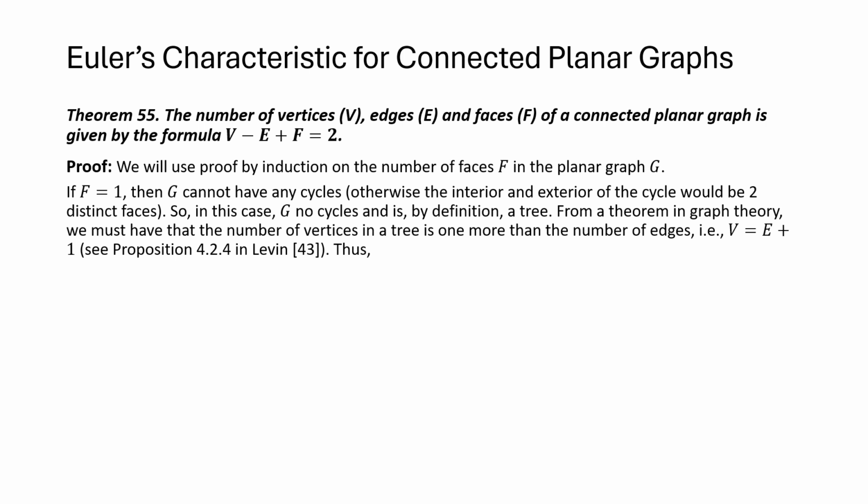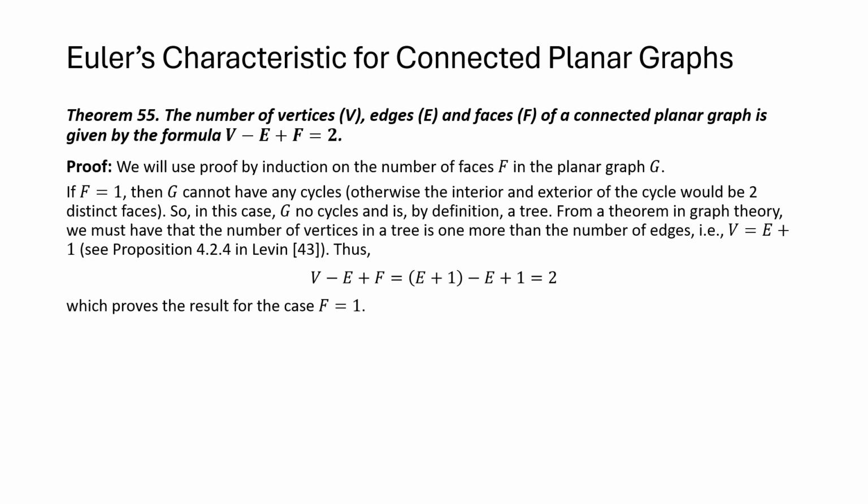So we have the number of vertices equals the number of edges plus 1 in the case of a tree. Taking V minus E plus F and plugging this in, we get E plus 1 minus E, and then the number of faces is 1, and when we compute this we get 2.